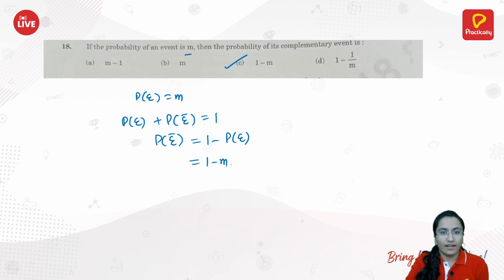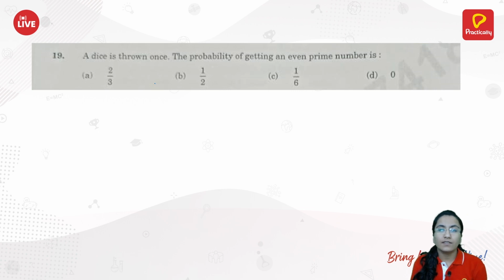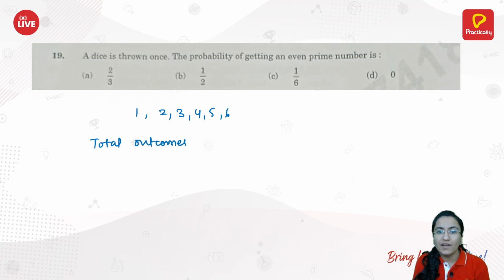Next question you have here is, a dice is thrown once, the probability of getting an even prime number is? On a dice, basically we have the sample space 1, 2, 3, 4, 5 and 6. These are the possible outcomes, so the total possible outcomes you have is 6. Here your favorable outcome needs to be even as well as a prime number.